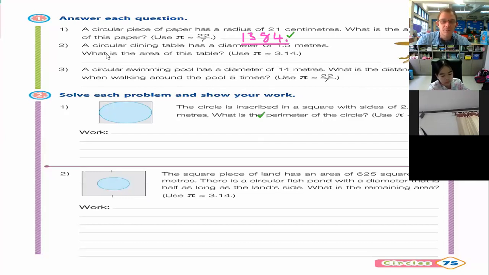Okay, let's look at number 2. A circular dining table has a diameter of 1.5 meters. What is the area of this table?